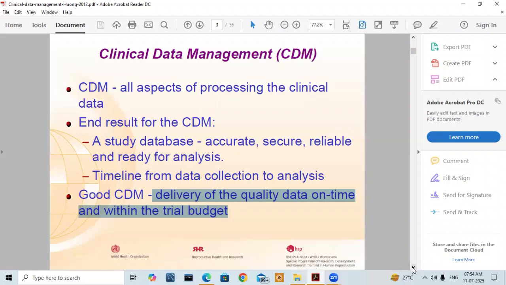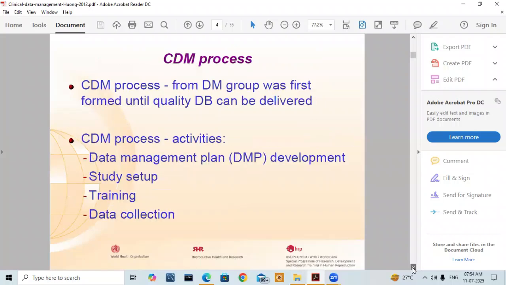The trial budget is fixed. Small companies have a fixed budget and they don't want to spend more than that. So within that budget and time limit, you have to deliver good quality data. That is nothing but good CDM.